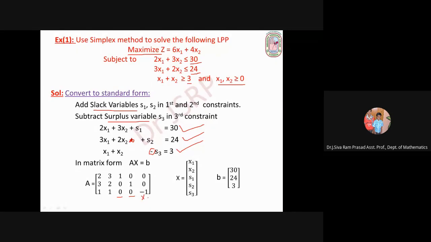So how do you get this? We have to add a new variable to the appropriate equation in order to get the unit matrix. We need a 0, 0, 1 column in the unit matrix, so we have to add an artificial variable in the third constraint only.